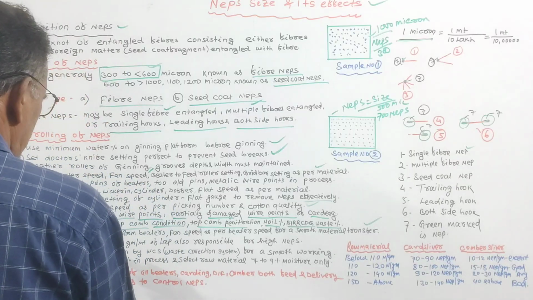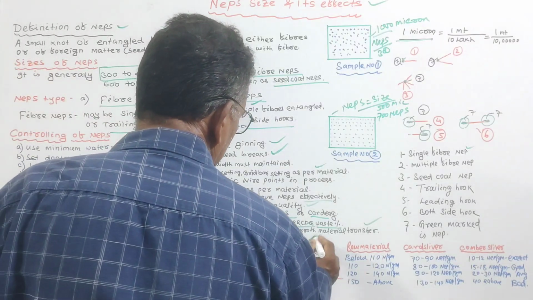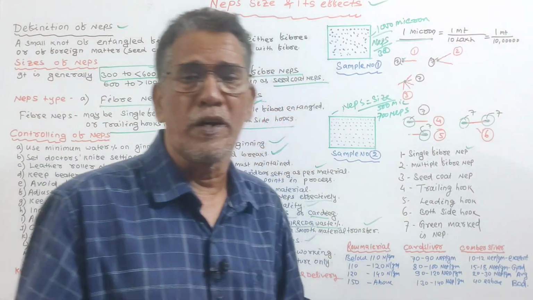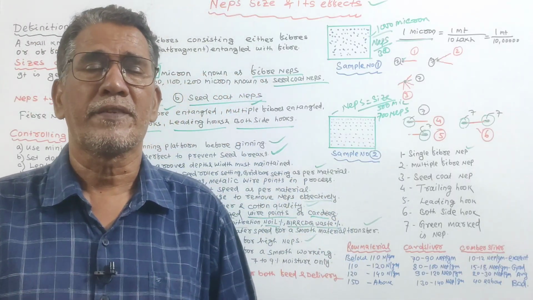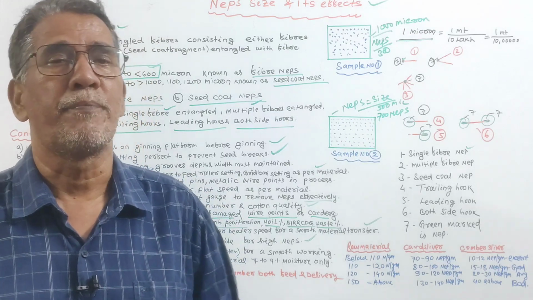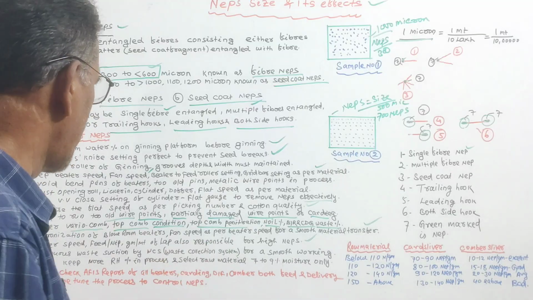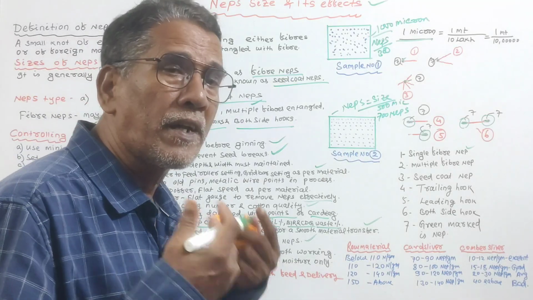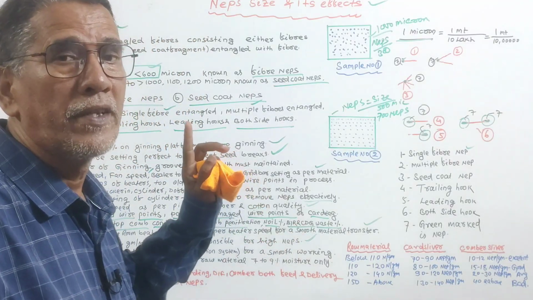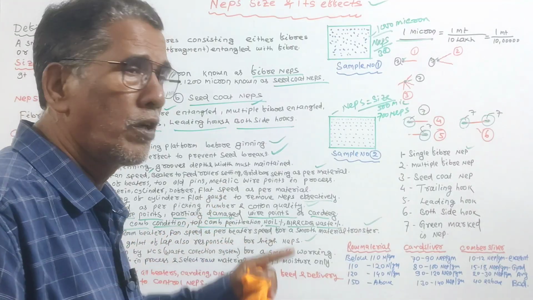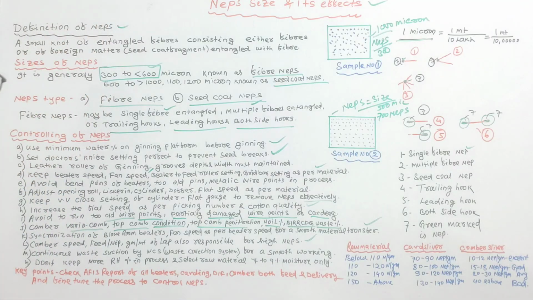You see, comber speed, feed per nip, gram per meter of lap are also responsible for high naps. In comber, comber nips per minute means speed, comber feed per nip means how much feeding per one nip in mm, and nail percentage, what you are setting, gram per meter of lap, feeding lap, all are responsible for high naps. It should be set as per your yarn quality requirement and as per your raw material condition.